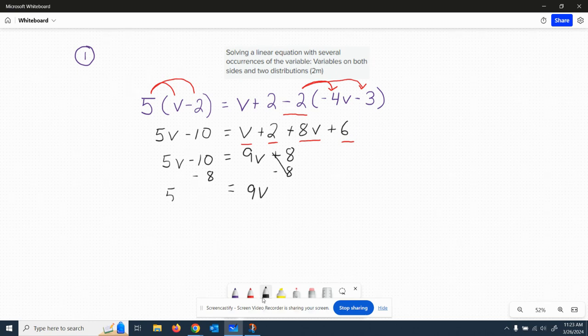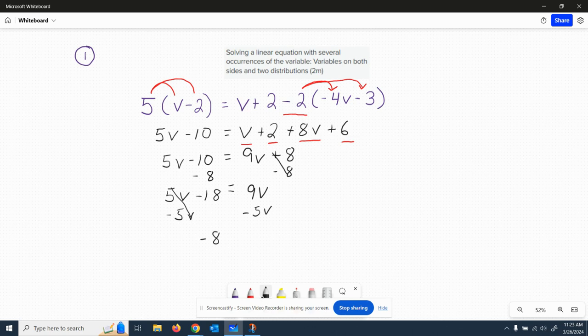equals 5v minus 10 minus 8 gives me minus 18. All right, I want to subtract 5v from both sides. This side goes away.